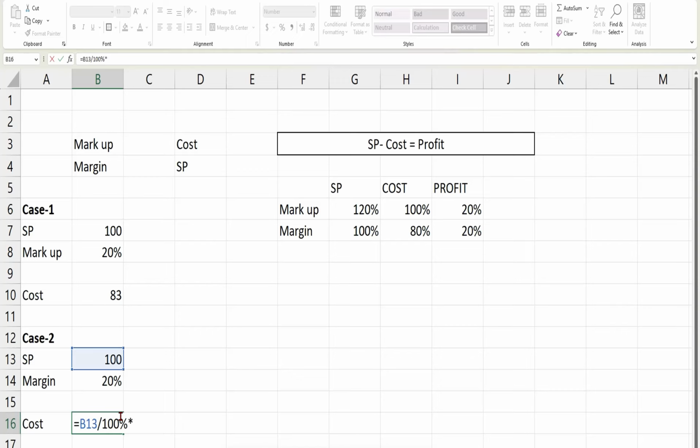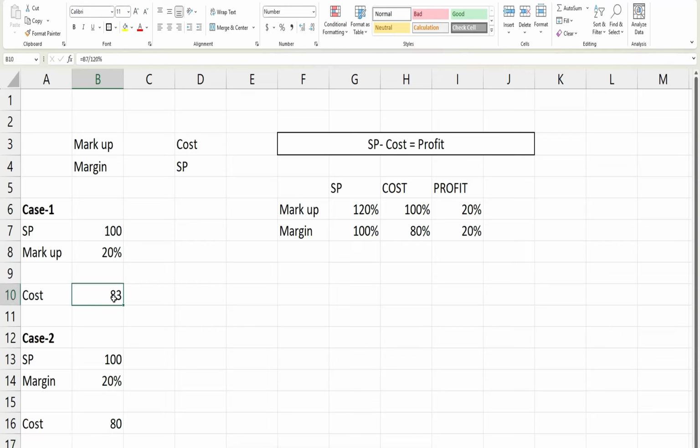So again we need to multiply it by 80%. So this will give you 80. That is the difference of the calculation regarding the markup and the margin. Remember, in case markup is given, you need to divide the selling price by 120%, then multiply it by 100%. Why? Because we need to find out the cost here. And this will give the same value, no issue.